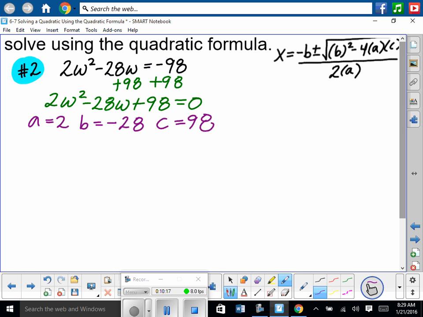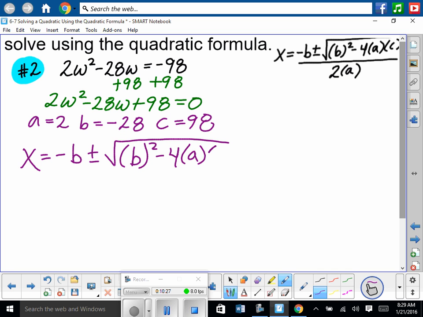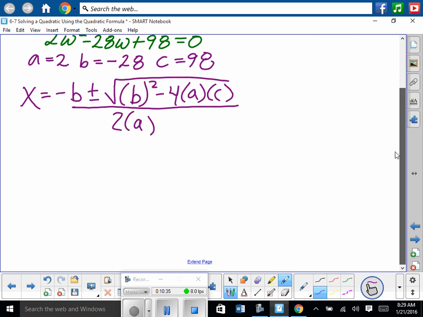All right, so we have the formula: x equals negative b plus or minus the square root of b squared minus 4ac, all over 2a. Let's plug it in correctly, particularly not making any errors.